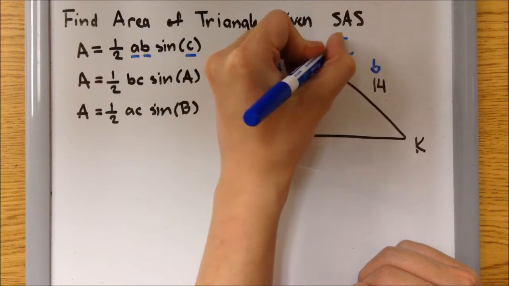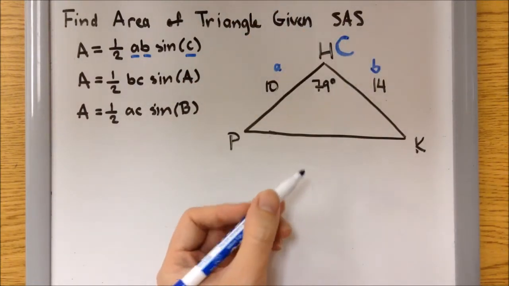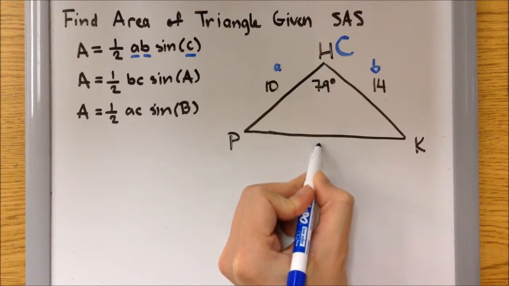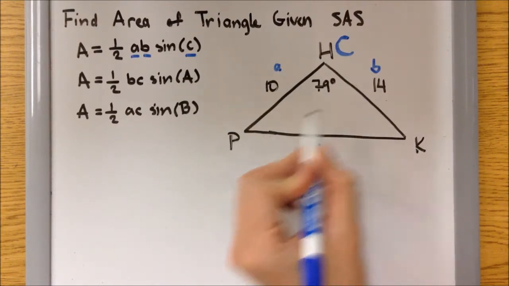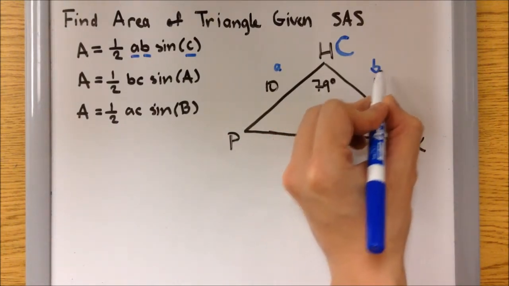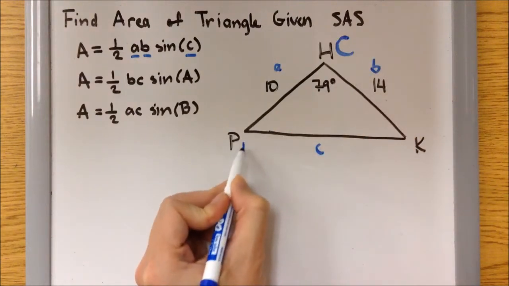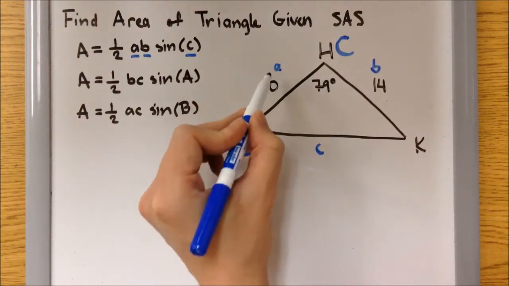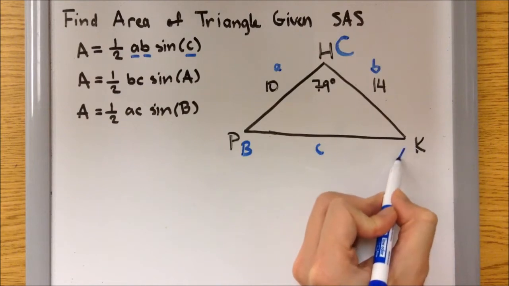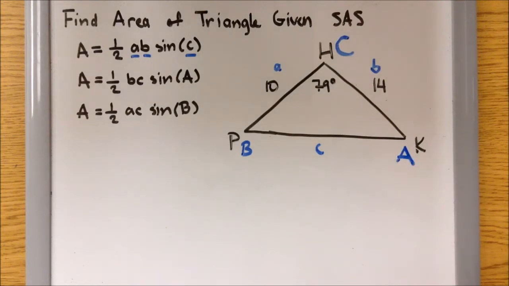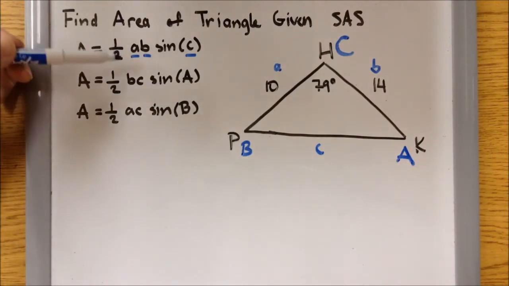So capital C is right here, and which is always across from lowercase c. So if I were to label all sides, then across from lowercase b would be capital B. Across from lowercase a would be capital A, where K is. So that's how you would relabel if you're just using these letters right here.